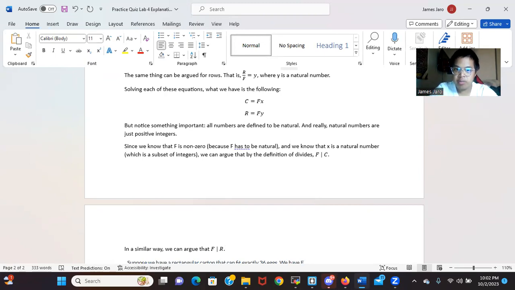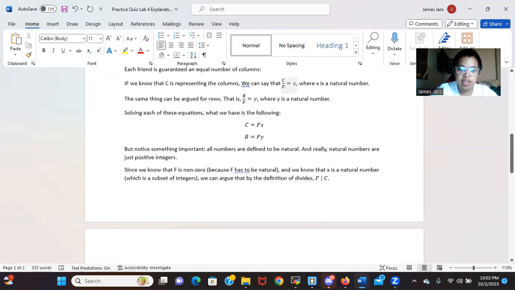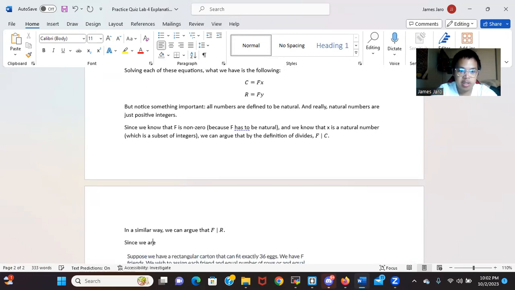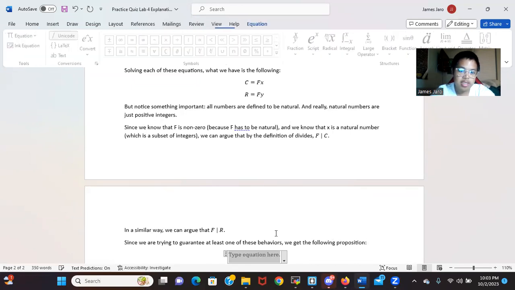If we put all the information together, since we are trying to guarantee at least one of these two behaviors, we get the following proposition.